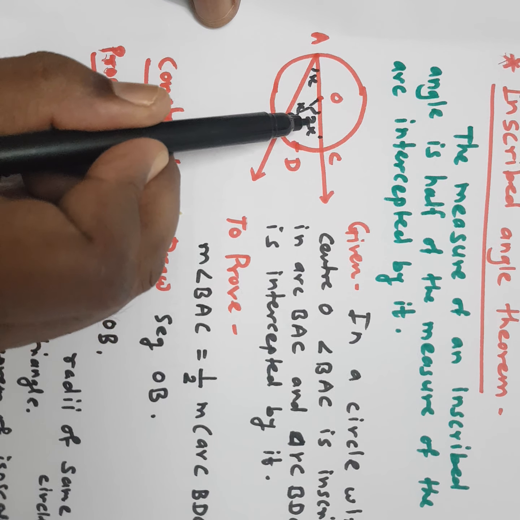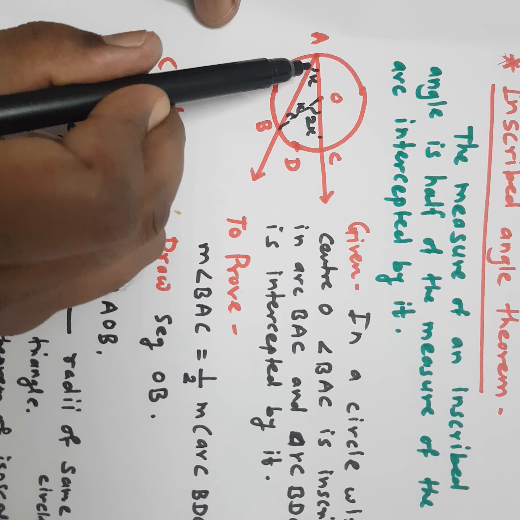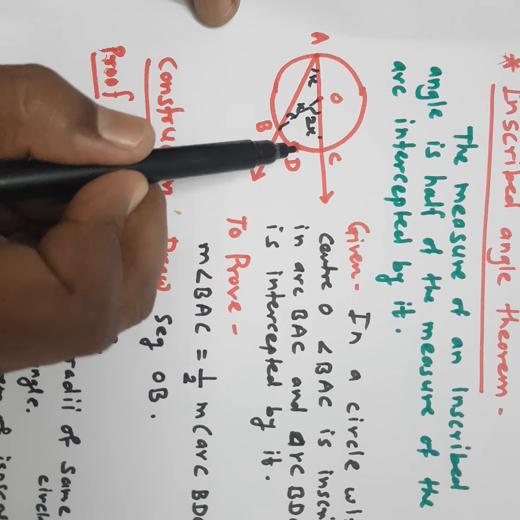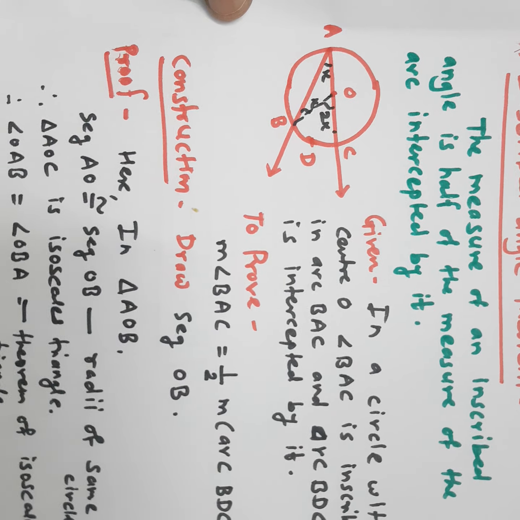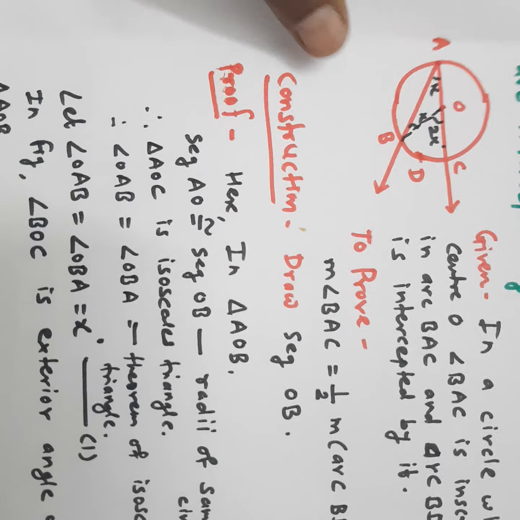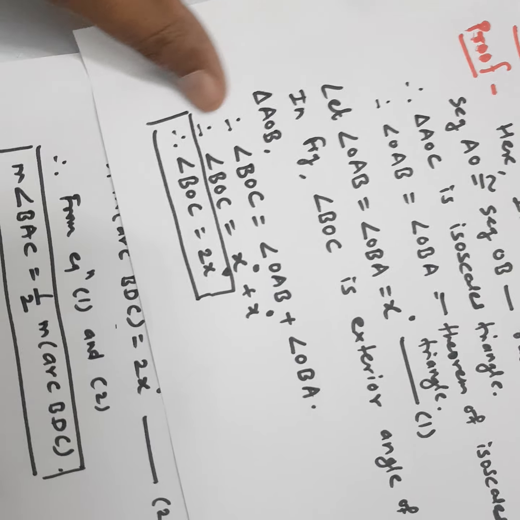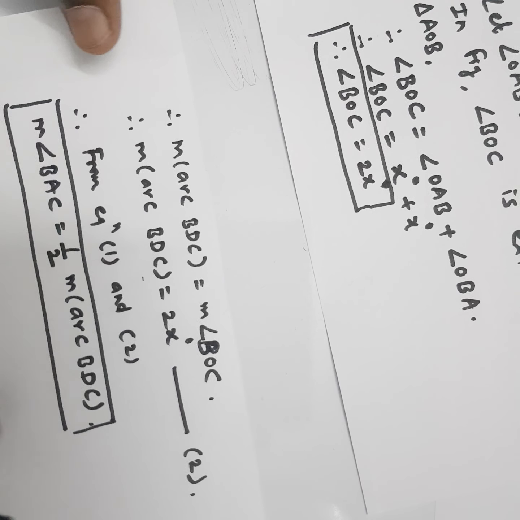As arc BDC is 2x and angle A is equal to x, angle A is half of arc BDC. Angle A means angle BAC. Therefore, angle BAC is equal to half of arc BDC is proved.